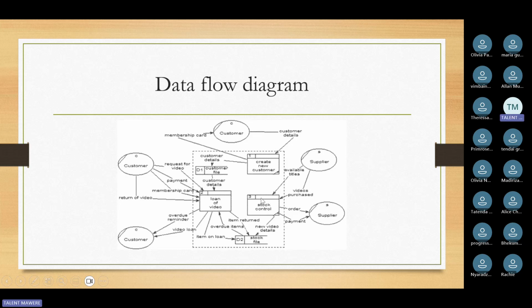We have another process here for loading the video, and another data store here for video stock. So this is a very simple data flow diagram that shows the data flowing from a customer into our system and from suppliers into our system.